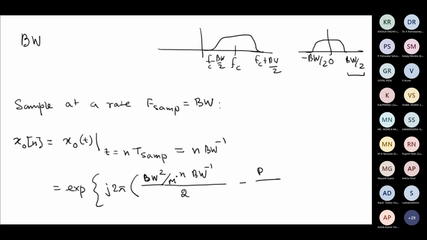We have simply substituted the parameters mu, and instead of t we are writing n times T_sample, or n by BW. So this is the expression we get, which can be further simplified. So let us try to simplify it.